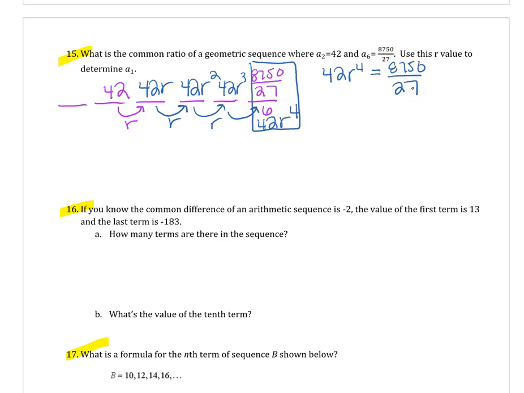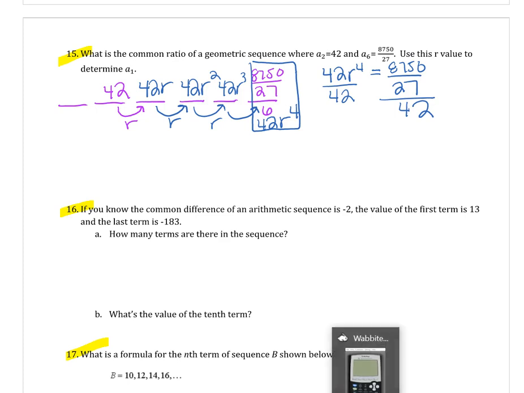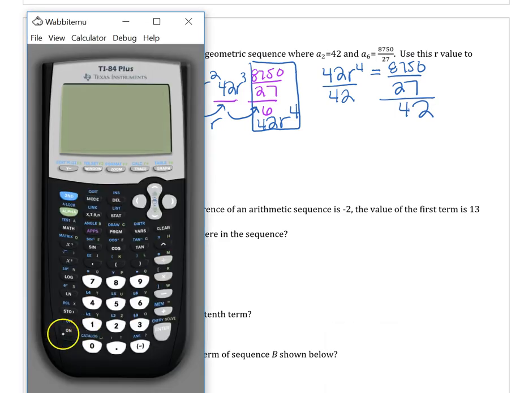Okay, now I'm going to go ahead and divide both sides of this by 42. Okay, got a fraction. So 625 over 81.